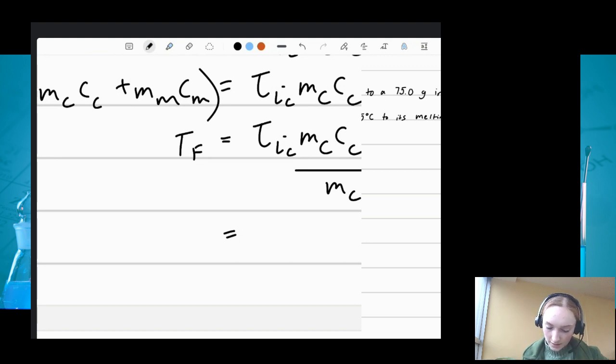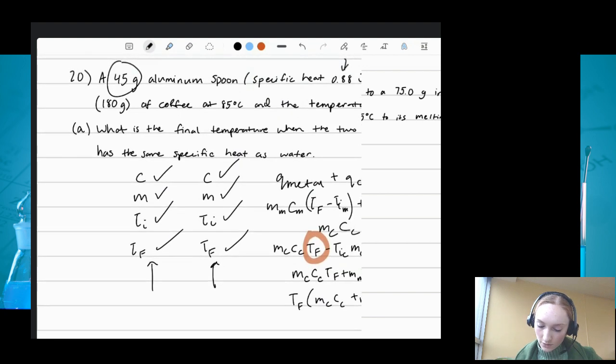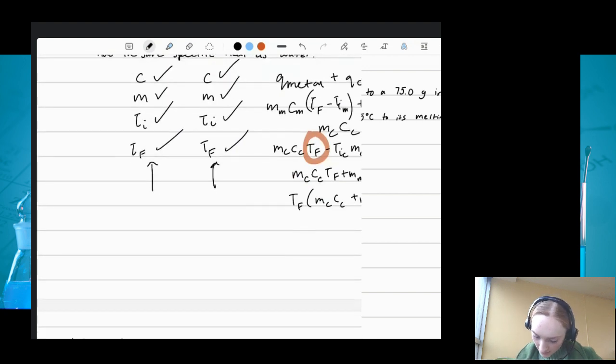So the initial value of the coffee is going to be at 85 degrees. The mass of the coffee is, I believe, 180. Yes, 180. The specific heat is 4.184.